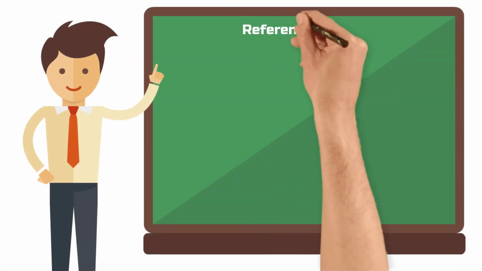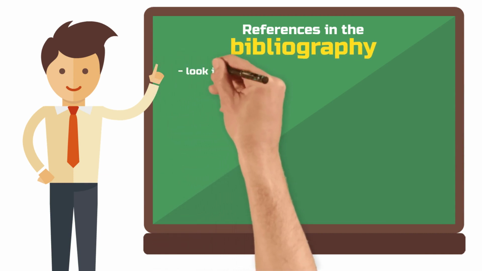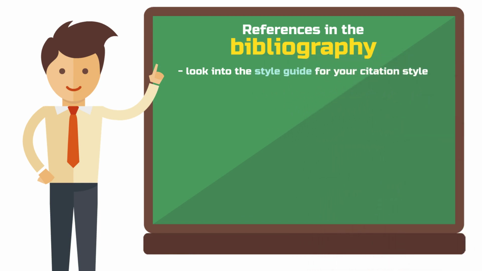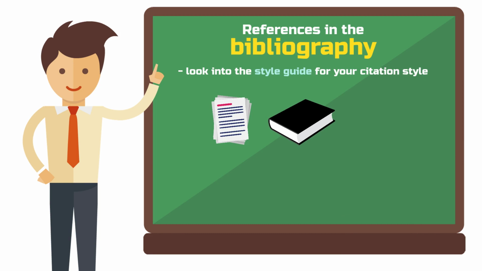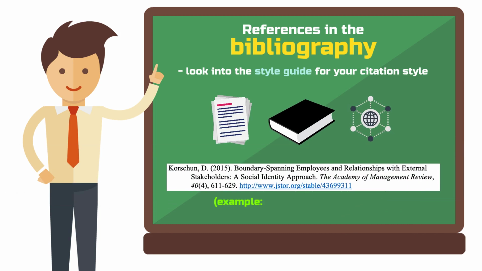Now, how are the sources listed in the bibliography at the end of the paper? Again, turn to the appropriate style guide for your citation style. Journal articles, books, or internet sources are all treated differently in the bibliography.